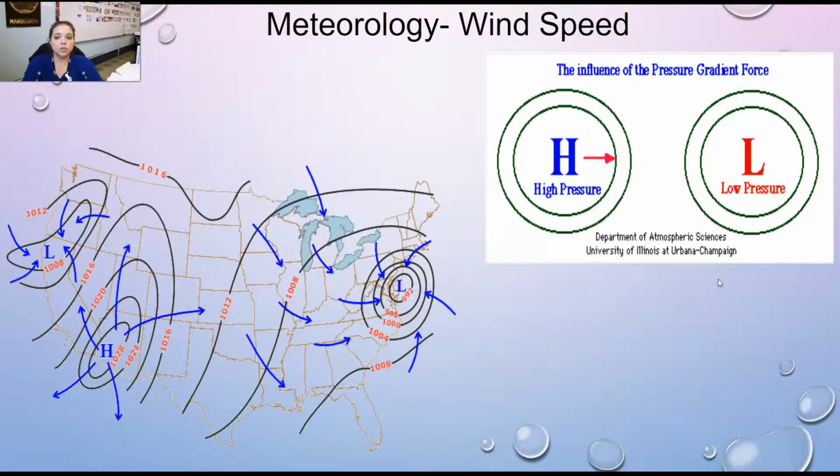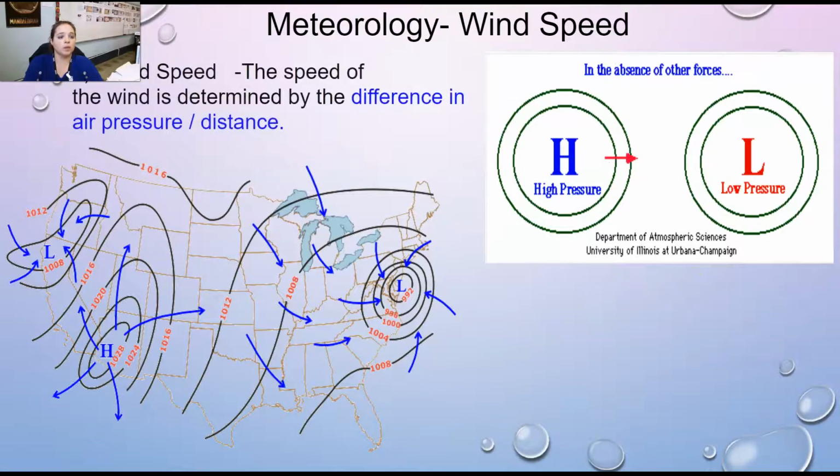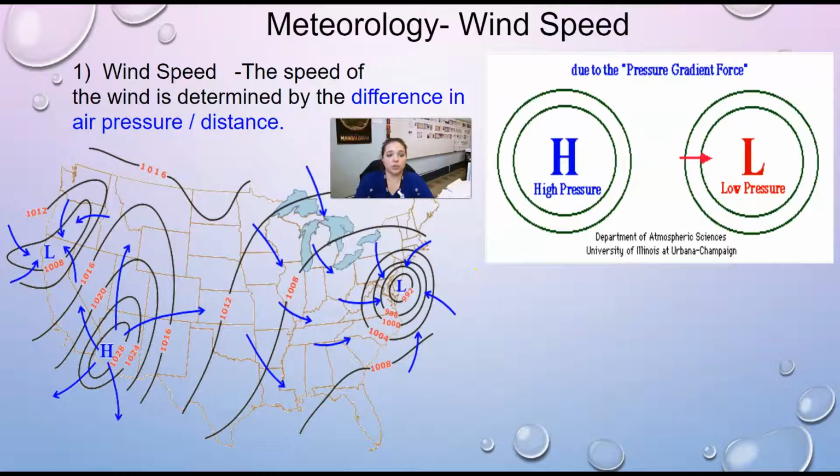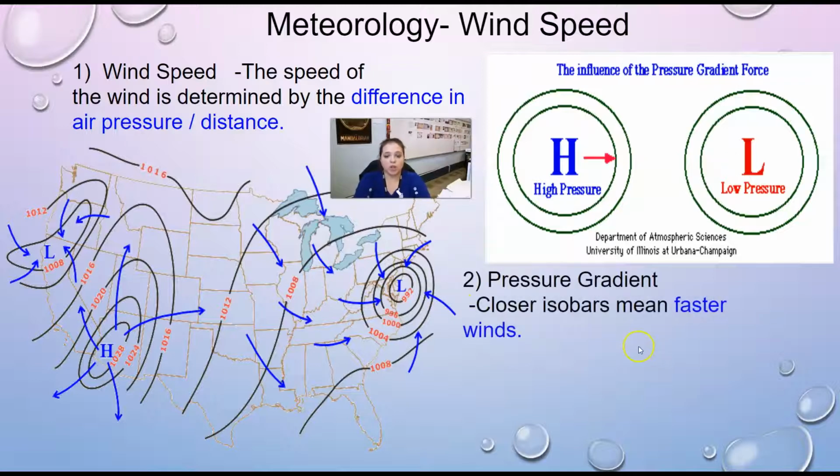All right, okay, so wind speed. The speed of the wind is determined by the difference in air pressure over the distance. So this is gradient again: the pressure gradient. The closer the isobars, the faster the wind is going. See right here they are really, really close together compared to right here.